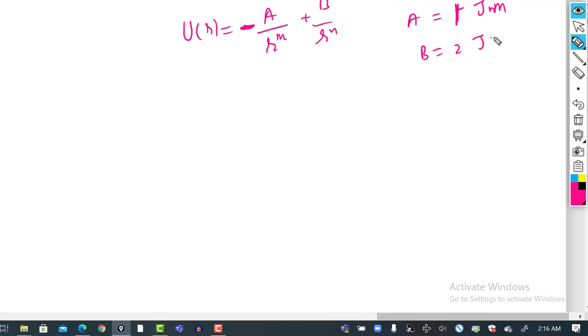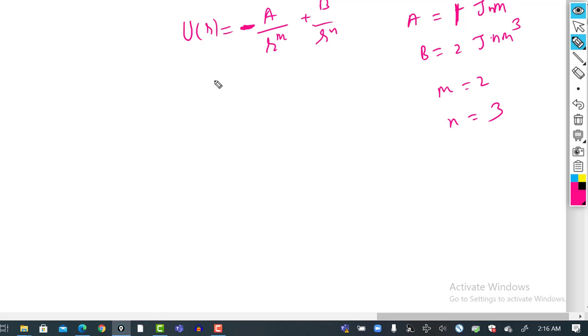Now suppose I am giving you another question: minus a, the minus showing the attractive part, a by r to the power m plus b by r to the power n. Now I am going to give you a as, let's say, 1 joule meter to the power 2, and b is given as 2 joule nanometer to the power 3, and m is given as 2 and n is given as 3, let's say.